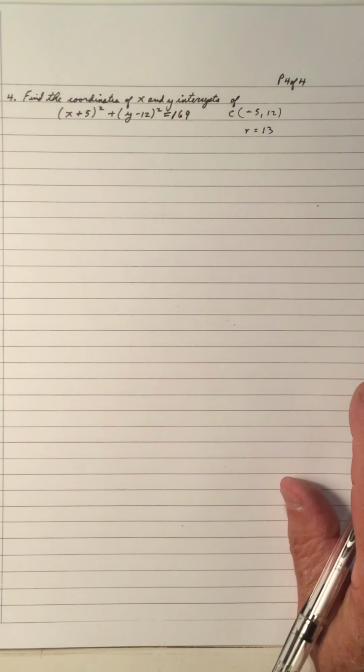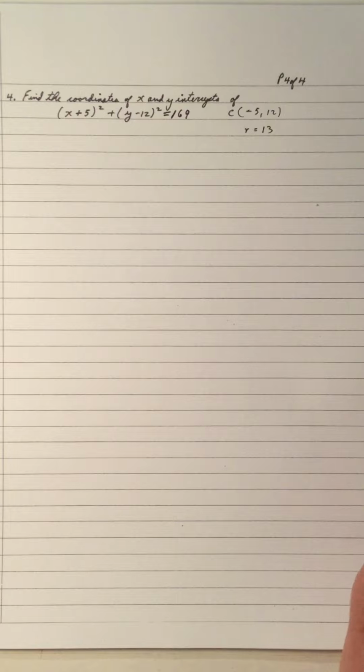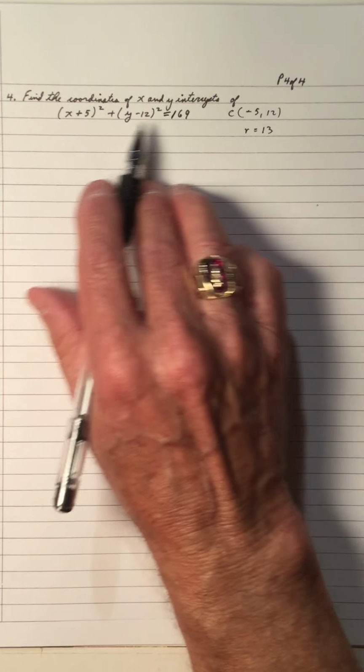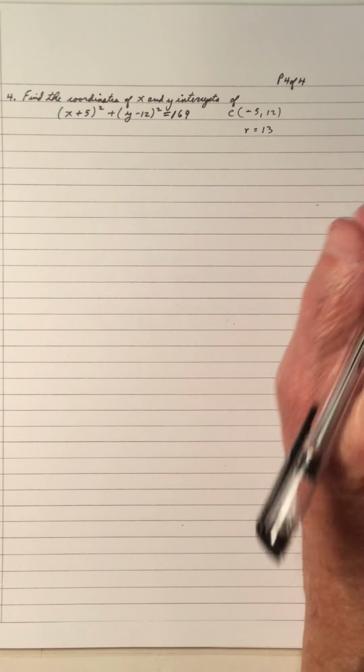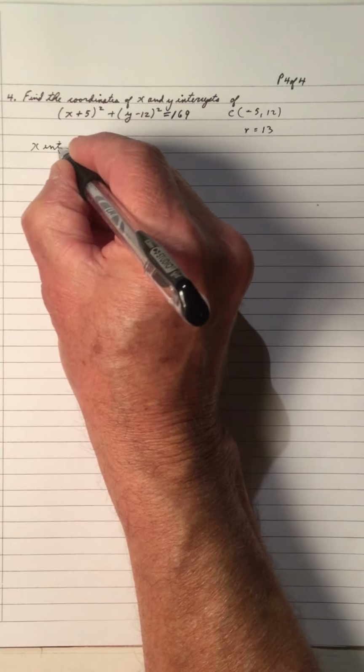But doing it with a compass is not a good way, because it might not be accurate. Now these are good here, because I've set them up to be good points. So the algebra is always a good way. So let's do the x-intercepts algebraically.